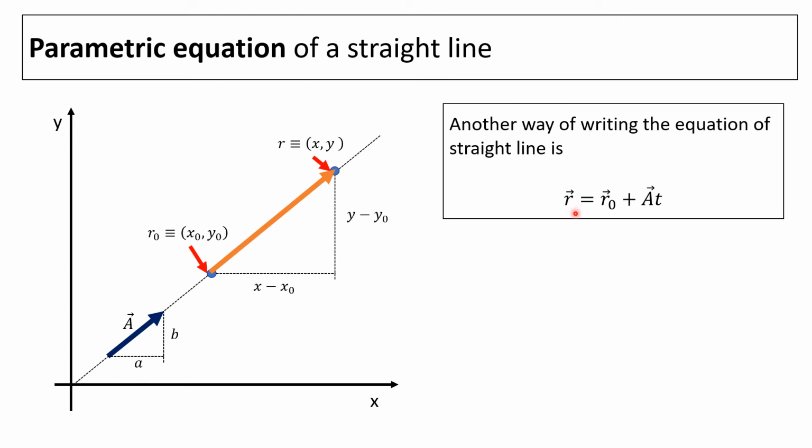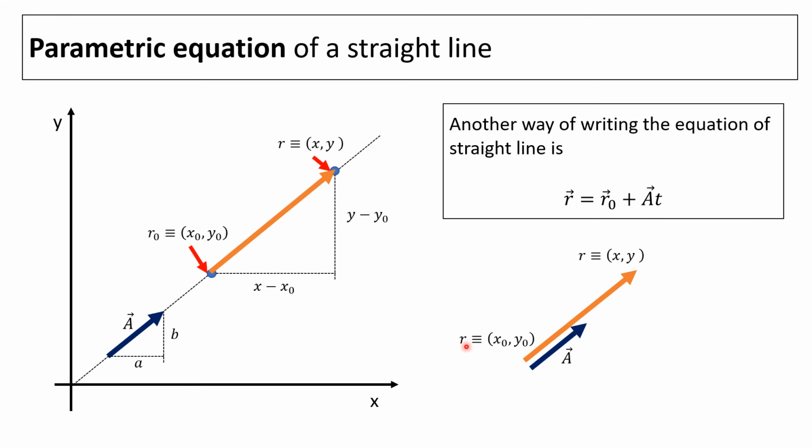So this is what it means by this expression. So when you shift r0 to the left, you have r minus r0. So r minus r0 is basically this vector, and this is equal to how many times, which is t, of the vector a.